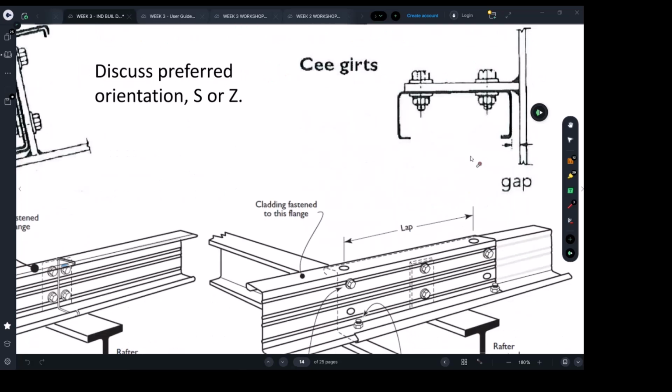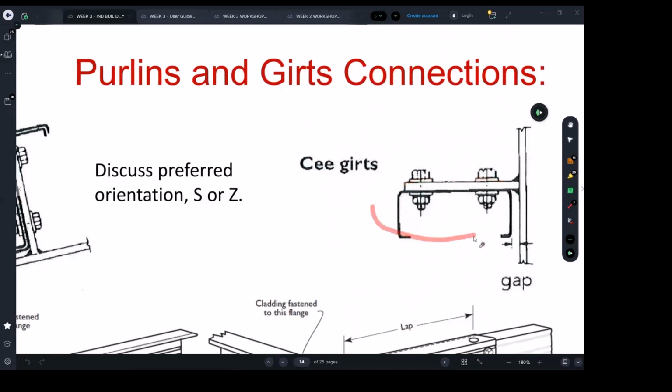However, it is difficult to construct. Did it make sense? Why? Because if you put something on top, it's just going to sit on top, and then it's going to be easier to screw. But here you need someone to lift it up and keep lifting it until someone puts the screws.